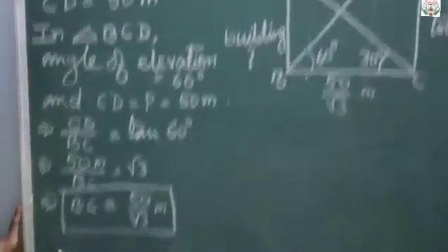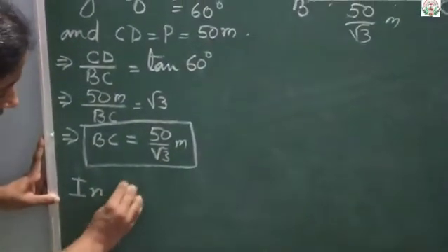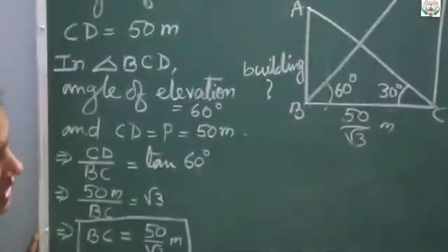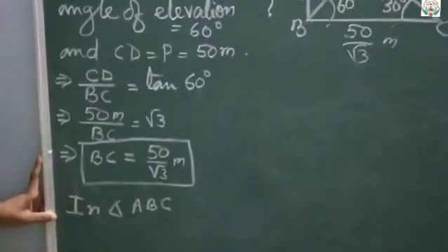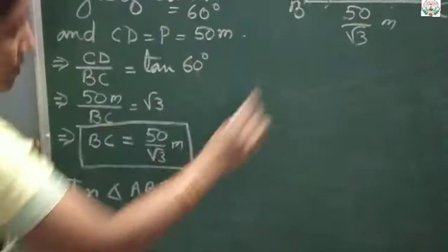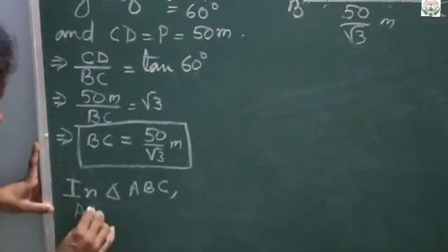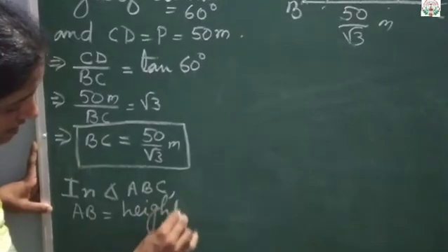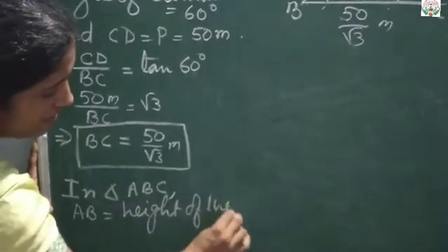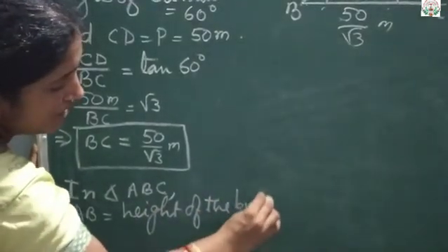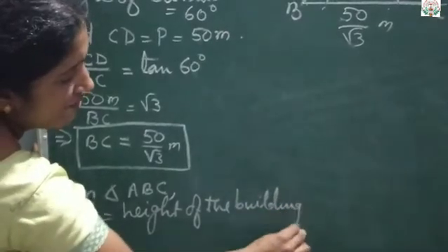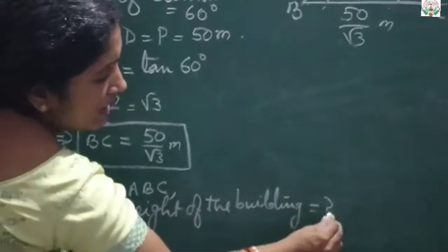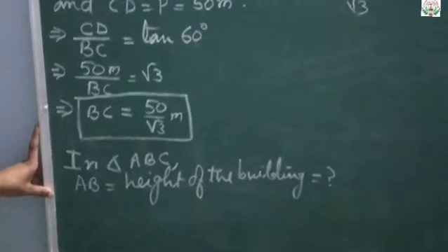Now write, in triangle ABC. Okay, AB is the height of the building, which we have to find. AB equals to height of the building, which we have to find, equals to x or question mark, we have to find that.